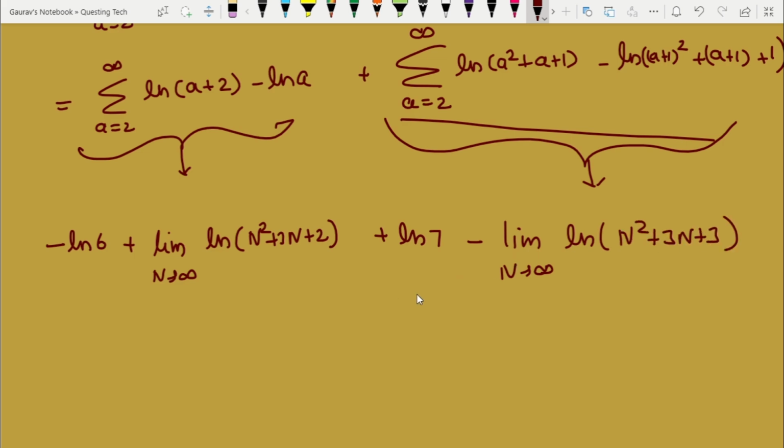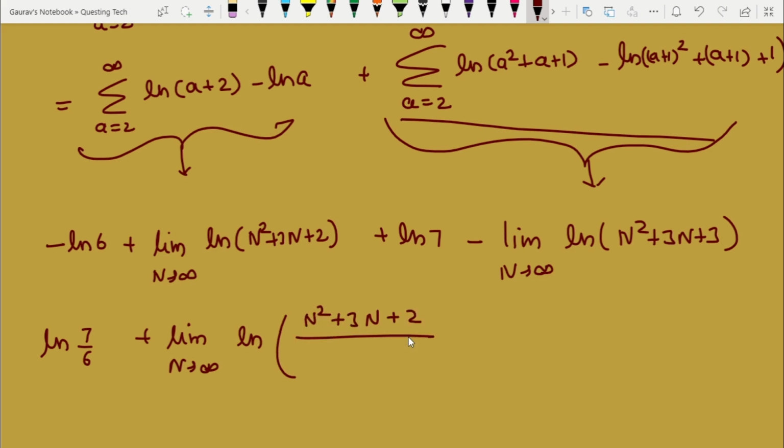Okay, so this is ln 7 by 6. Can we say? Yes, we can. Plus limit n tending to infinity ln of ((n square plus 3n plus 2) divided by (n square plus 3n plus 3)). So this expression when n tends to infinity comes out to be nearly equal to 1. Okay, so ln 1 is 0. So we can say this expression is 0.